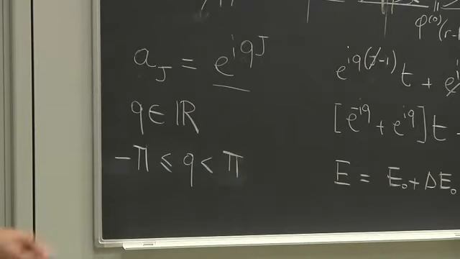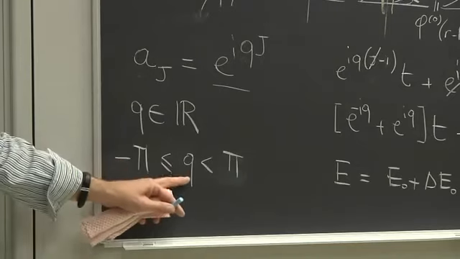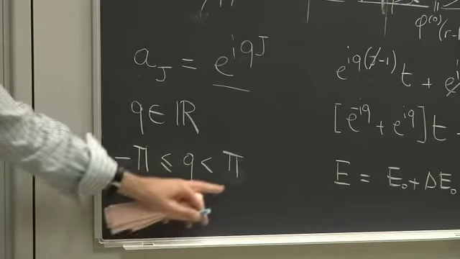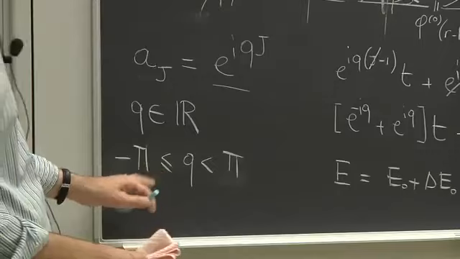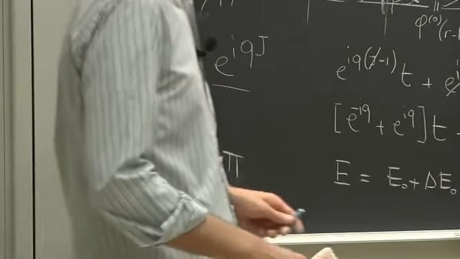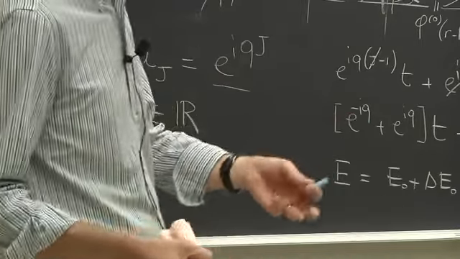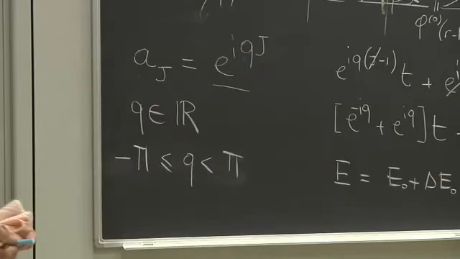In other words, I can restrict my choice of q to this range without losing anything, because all that's outside this range is solutions that I can find also between minus pi and pi. So I just don't need to go outside my range.